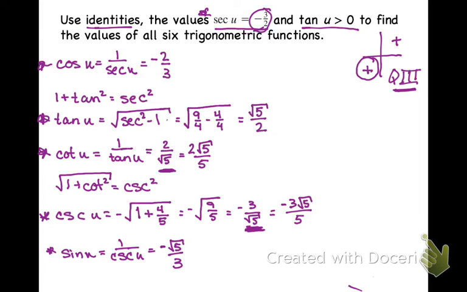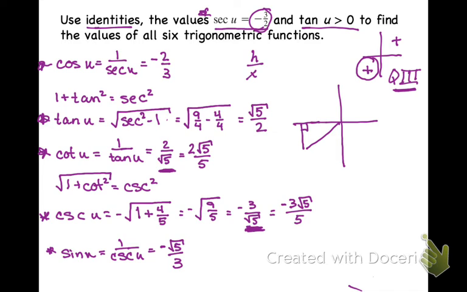Now, let's see if we're right. So this was in the third quadrant, correct? If it was secant, it was the hypotenuse over the x, correct?